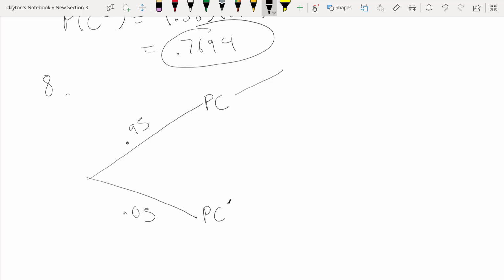So given that you do go on to a career in physics, the probability that you fail is equal to 0.4, whereas the probability that you don't fail, or you could say pass, it's really up to you, but I'm just using their words, don't fail given physics career, would be 0.6.